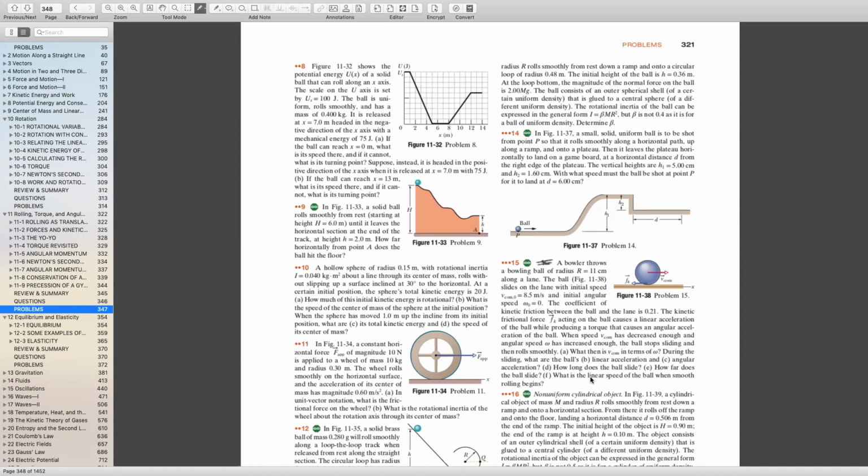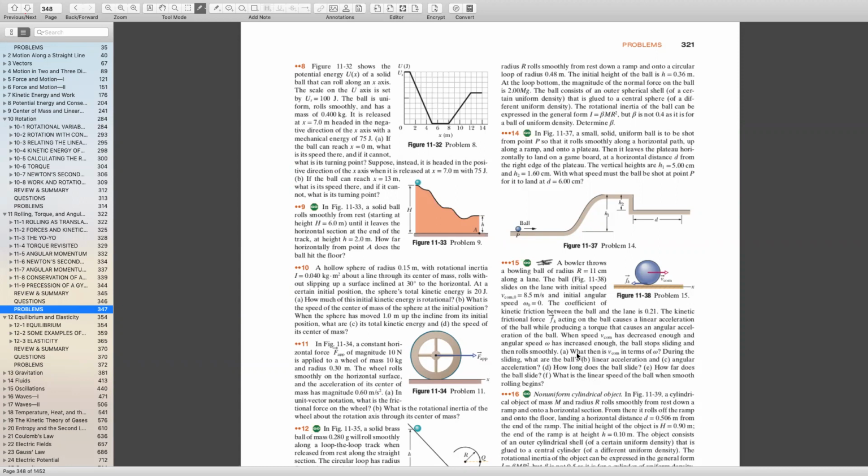And so that means 8.5 over r alpha plus a is equal to the amount of time that it takes for the ball to stop sliding and actually hit a point where it's rolling smoothly.